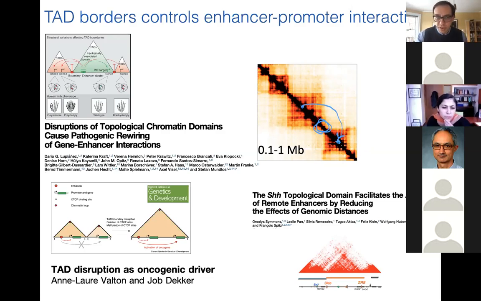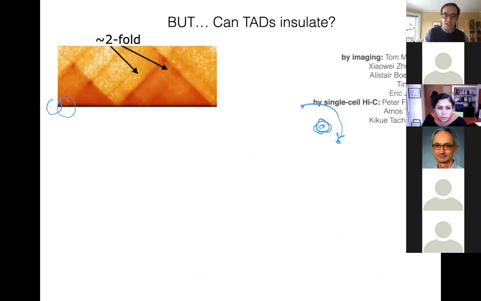So knowing this, you would assume that this insulation at the TED border is very strong, because you really don't want these elements to talk if it leads to an extra finger, like in this phenotype, so fused fingers, or it leads to cancer. The surprise, however, is that this insulation is actually very modest.